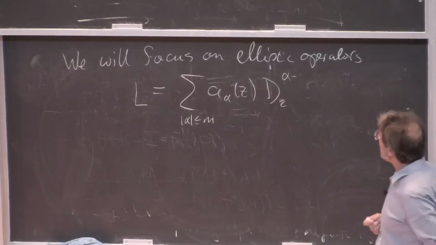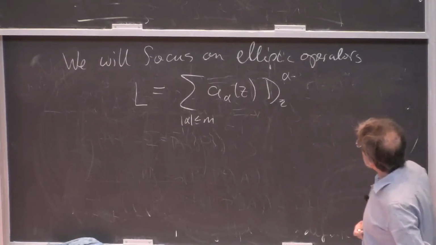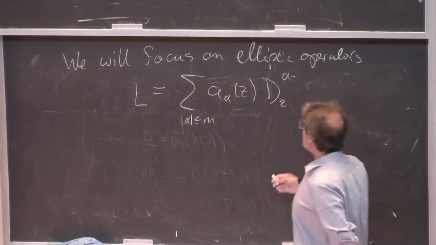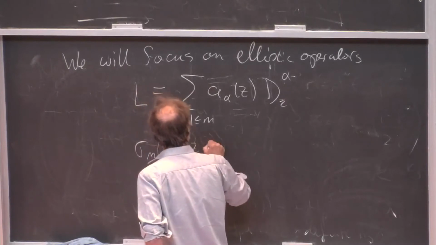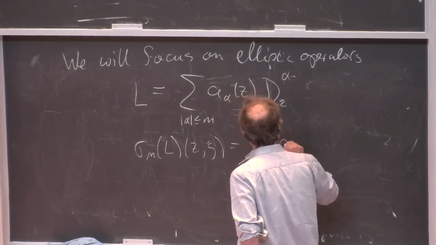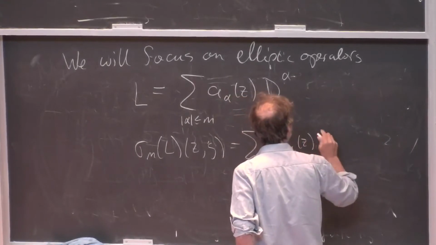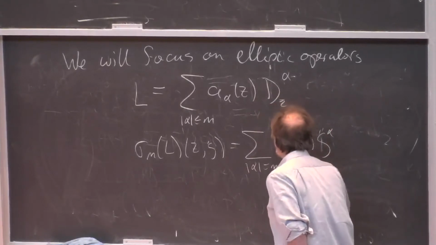There is a certain amount you can do in this theory with non-smooth coefficients, but let's assume that these coefficients are C infinity. Ellipticity, of course, means that the principal symbol, sigma_m(L)(z, zeta), which is equal to the sum over |alpha| = m of a_alpha(z) zeta^alpha, is invertible.